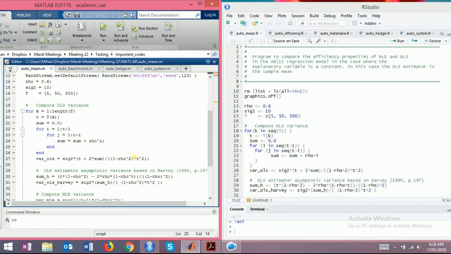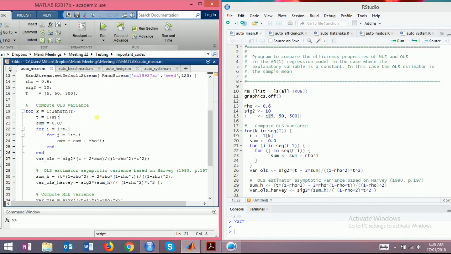So for k equal to 1 to length of t, we have different lengths suggested to us: 5, 50, 500, and so on. For k in the sequence of t, k equal to 1 to length of t. The first k, tk, will be stored in t, so we will know what the k value is for us.